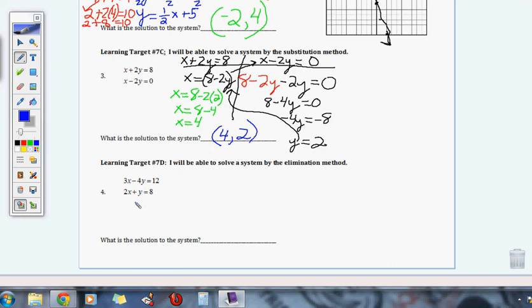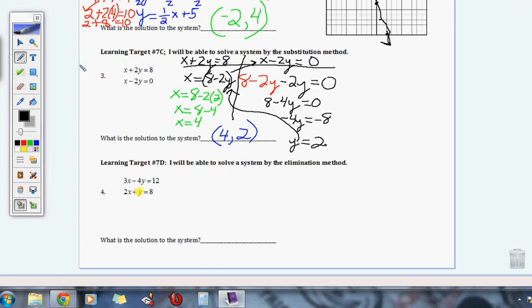They don't cancel. But I hope you would see here that if this said negative 4y, I'm sorry, positive 4y, that would be great because negative 4y plus a positive 4y would eliminate the y's. So that's the route I'm going to take on this one.